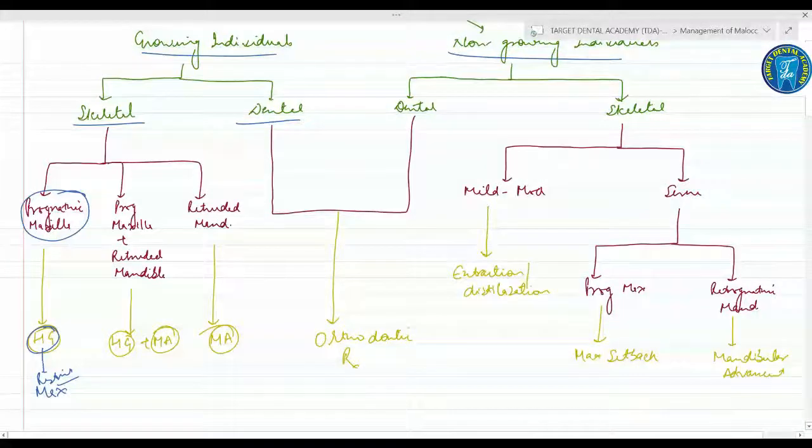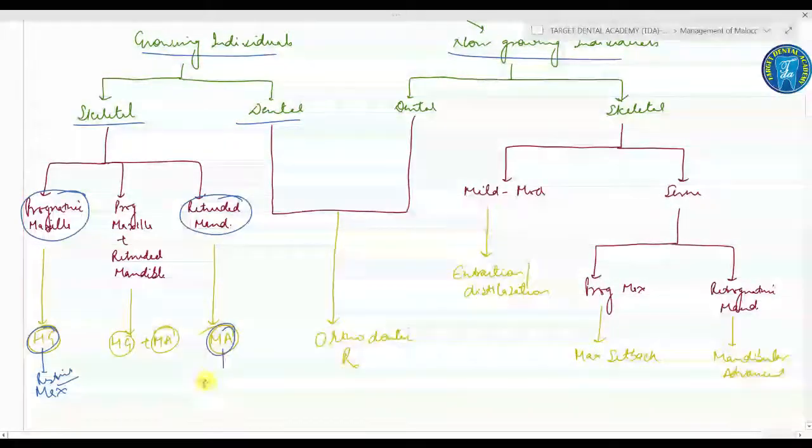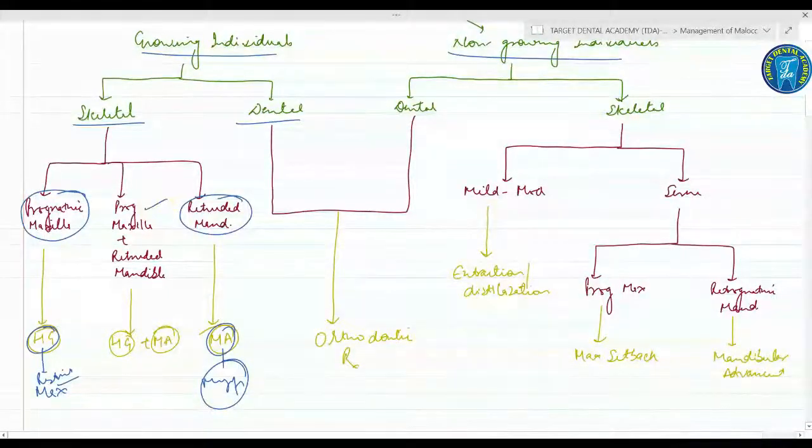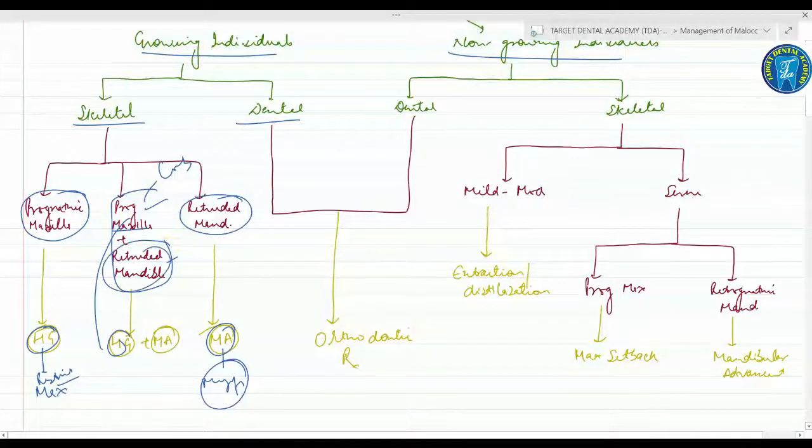Fine. Second, if a patient of class 2 comes to you with a retruded mandible, in that case you will give myofunctional appliances. If a patient comes to you with a prognathic maxilla and retruded mandible, that is the combination, in that case you will give the headgear for the prognathic maxilla and myofunctional appliance for the retrognathic mandible.